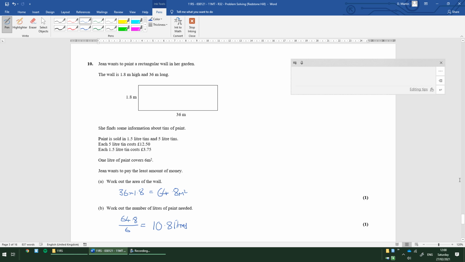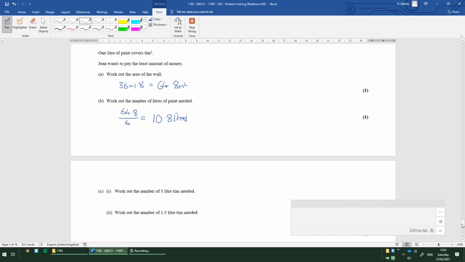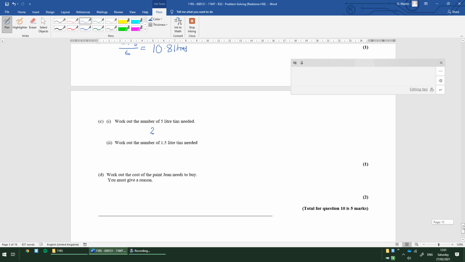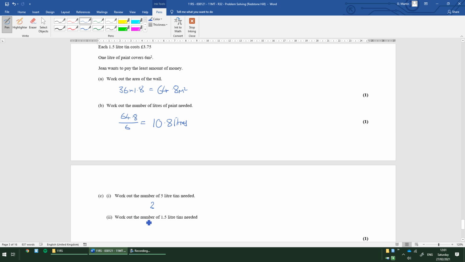Well, if we need 10.8 litres, we're going to need 2 5 litre tins. And we will need one 1.5 litre tin. So we need 2 5 litres, so that'll get us up to 10, and then 1 1.5 litre.